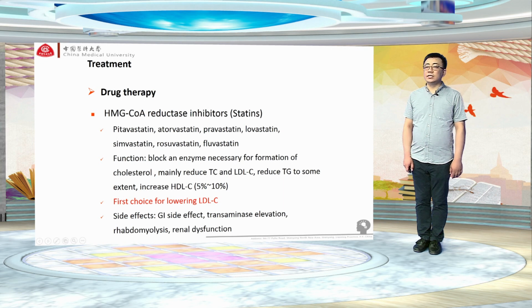Sometimes it can reduce triglycerides to some extent and increase high-density lipoprotein cholesterol to some extent. And it is the first choice for lowering low-density lipoprotein cholesterol. It has some side effects such as gastrointestinal side effect and liver dysfunction, renal dysfunction.